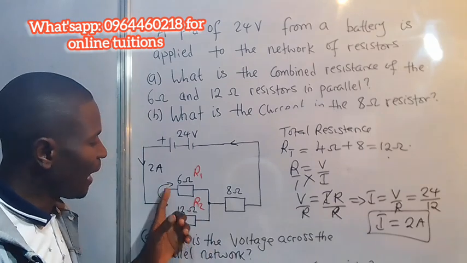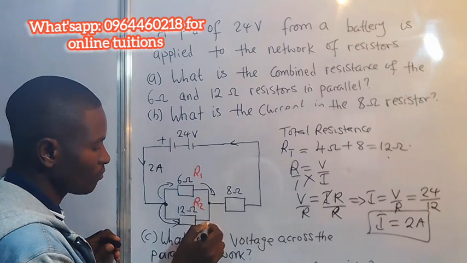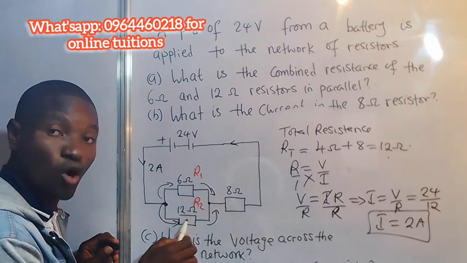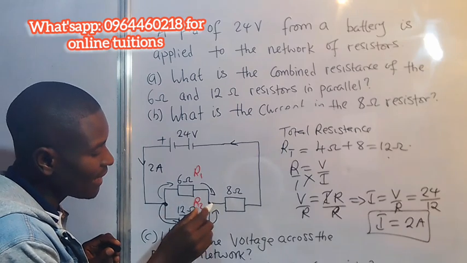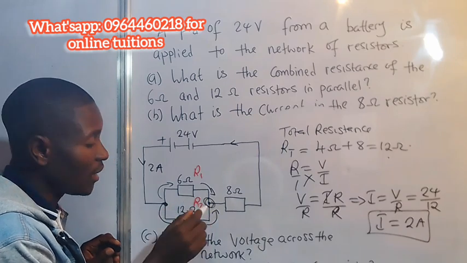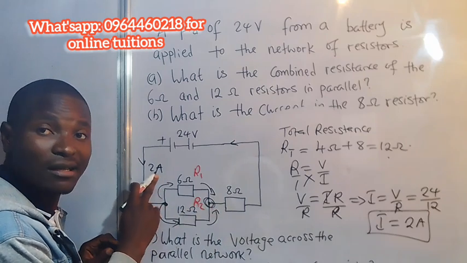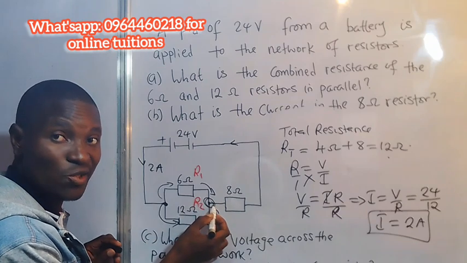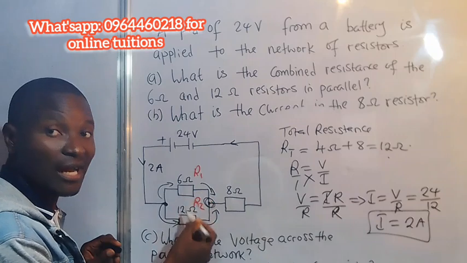However, when the current gets to this point, whatever amount of current is flowing to this point, and that which is flowing to this point, they rejoin at this junction. Which means that whatever the current, this was 2 amps, it is going to reappear at this point, or it is going to sum up from the 6 and the 12.